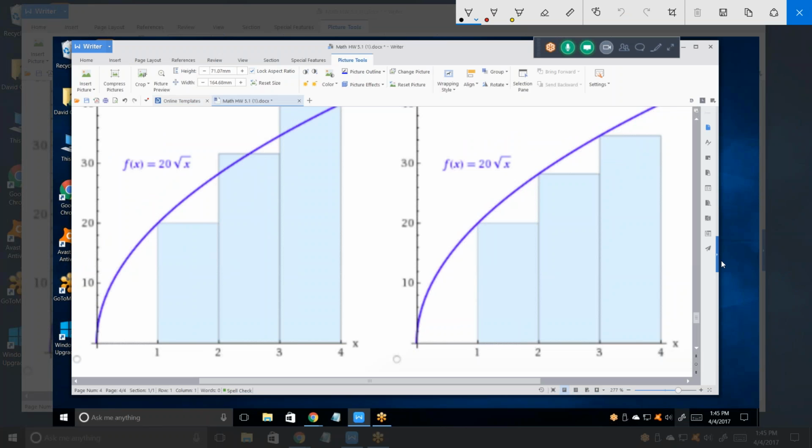Technically, there's another rectangle right there, right? In other words, it looks like they've arbitrarily skipped that one. But they didn't. It just had 0 height. But they should have done it for clarification's sake.